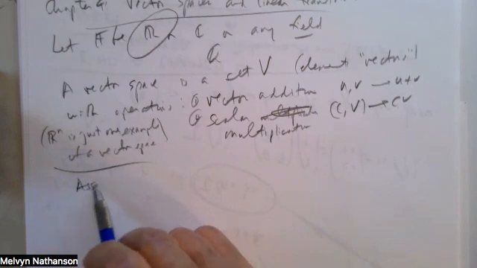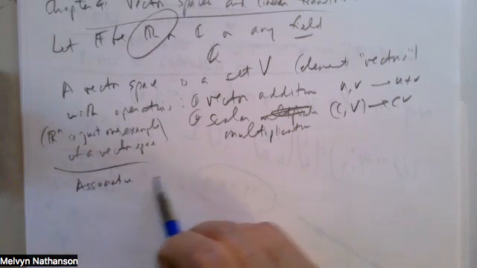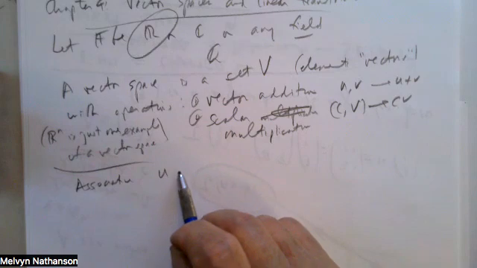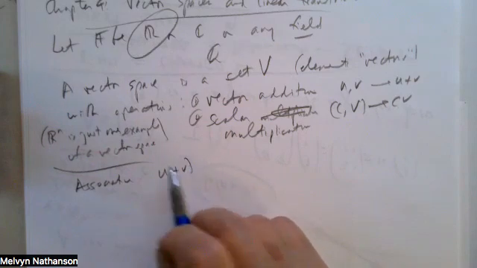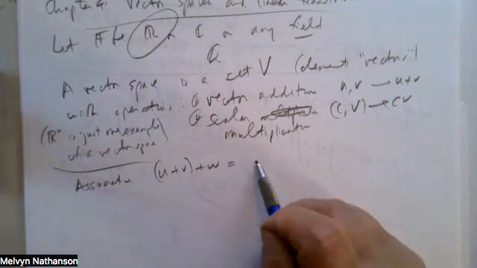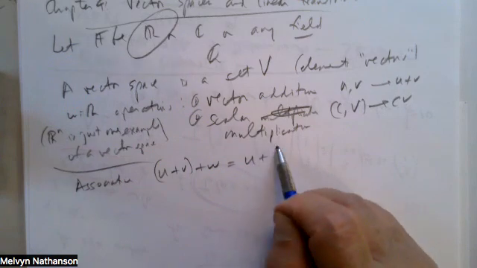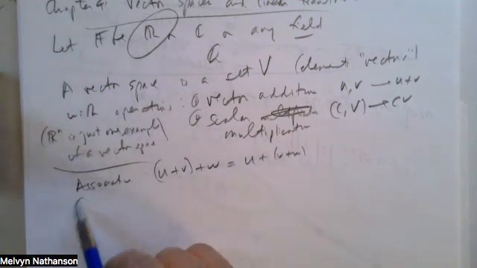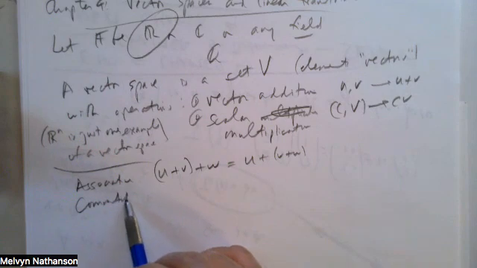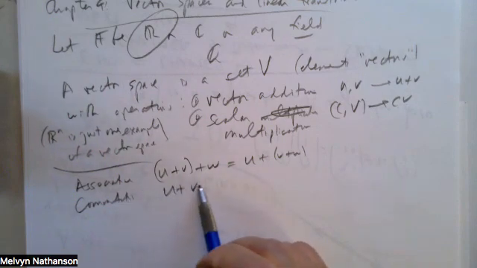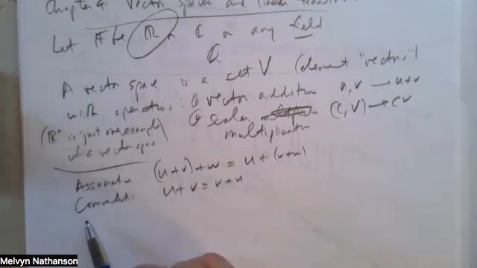So what are the properties of vector addition? It has to be associative. If you have three vectors, u, v, and w, you add u and v and then add w to that. That's the same as adding u to the sum of v and w. It has to be commutative. The order doesn't matter. U plus v equals v plus u.